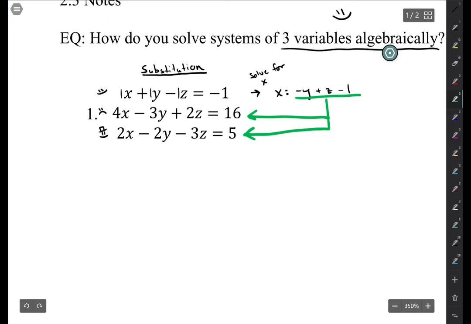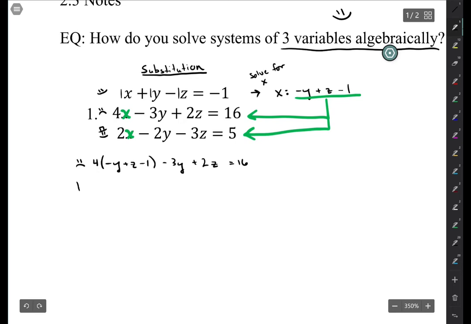Now make sure we are substituting x, okay? So it's going to be a little lengthy, but hey, it'll be all right. So the new frowny face with x is going to be 4 quantity negative y plus z minus 1, and then minus 3y and plus 2z and equals 16.